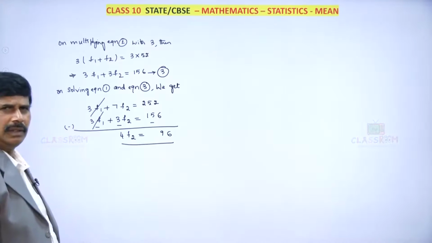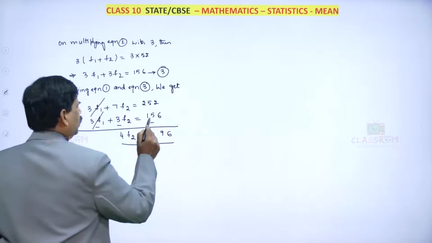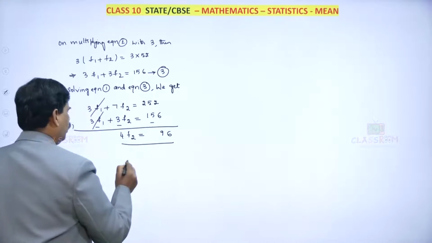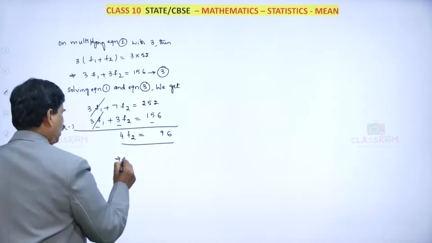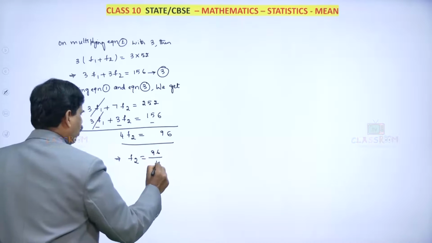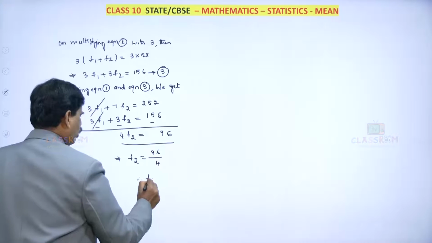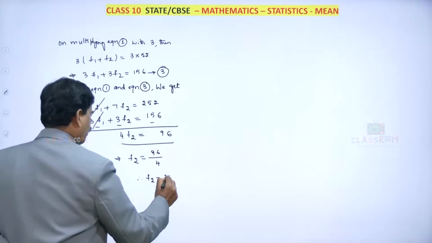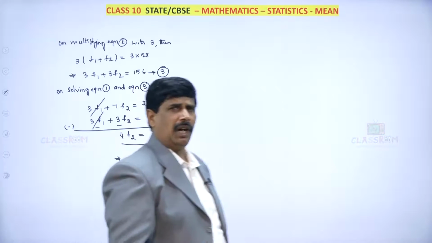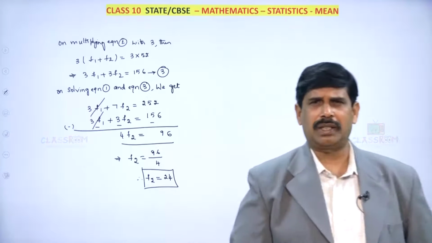Is it clear, children? So now f2 is equal to 96 by 4. So therefore f2 is equal to 24. So we got the value of f2.